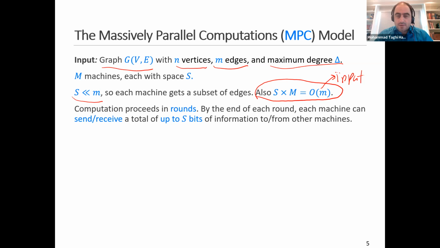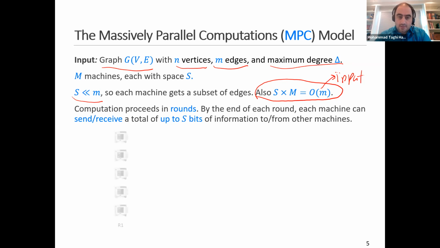At the beginning, we are assuming somehow we read the data, and the data is scattered on these machines. Then we do rounds, and at the end of each round, each machine can send messages to other machines totaling at most S bits and can receive information from others at most S bits.